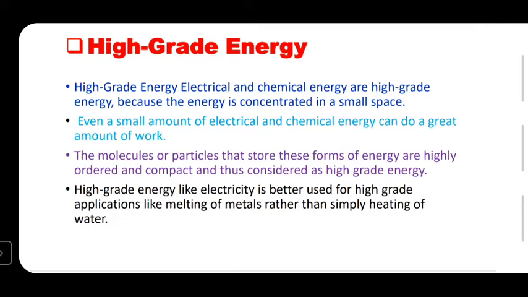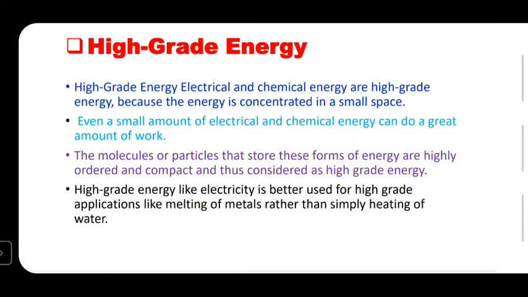These are the various forms of high grade energy. High grade energy is also called the available energy.